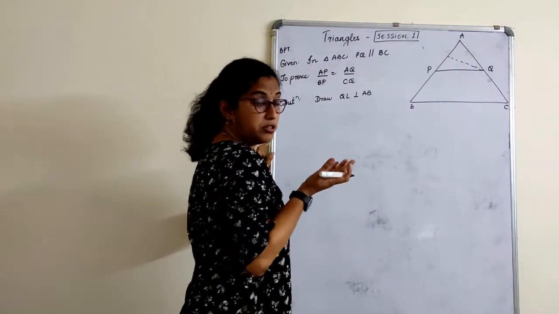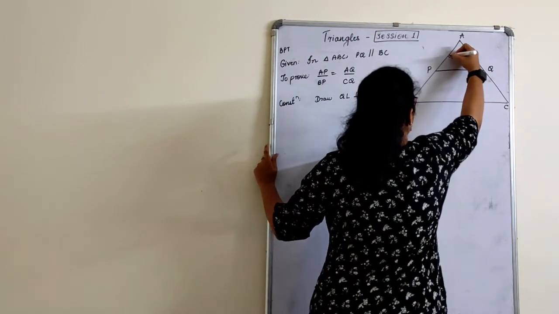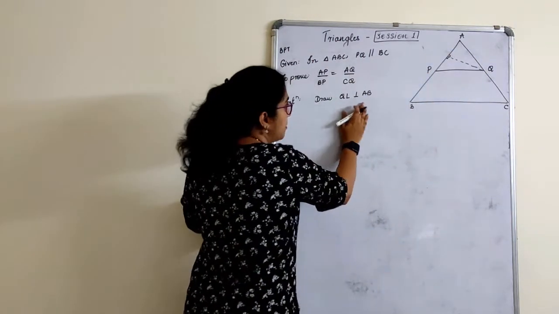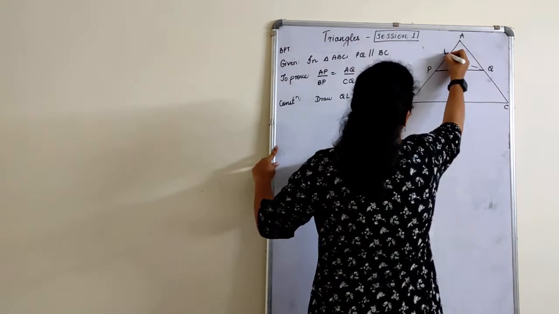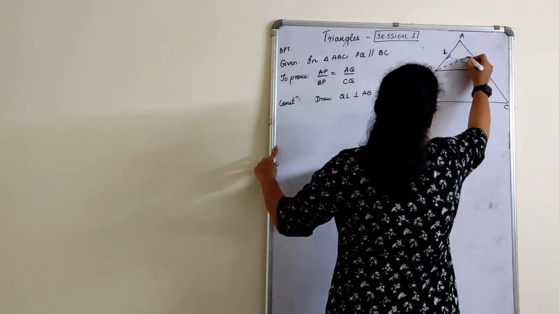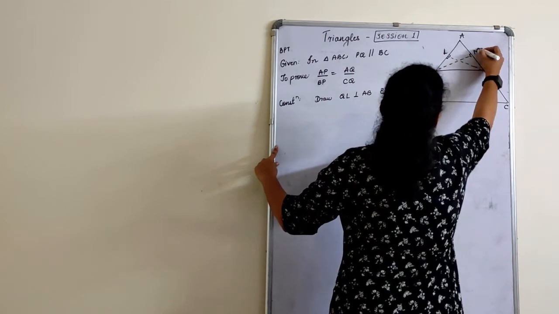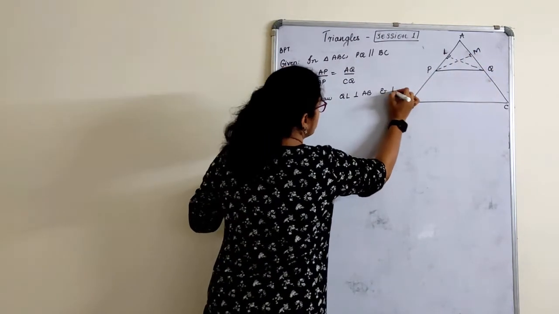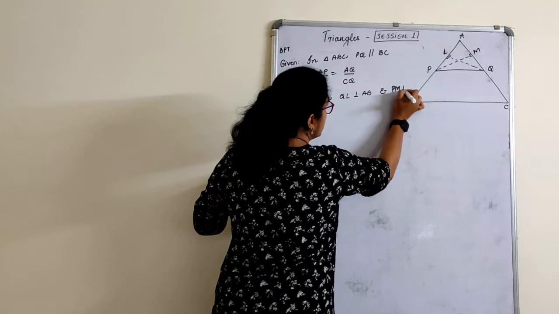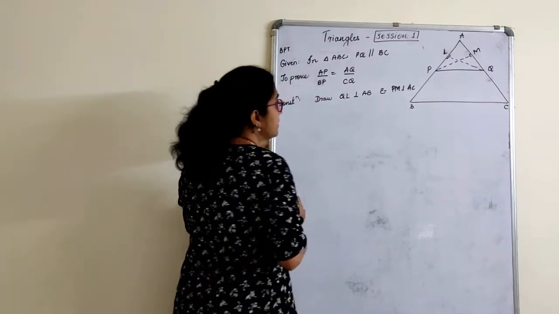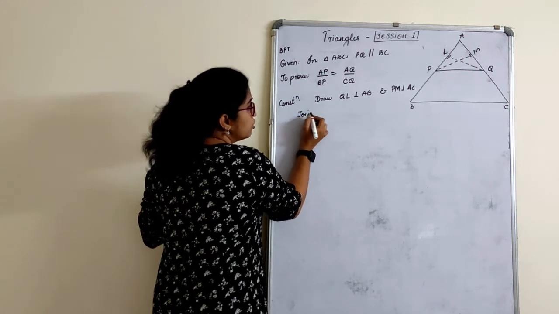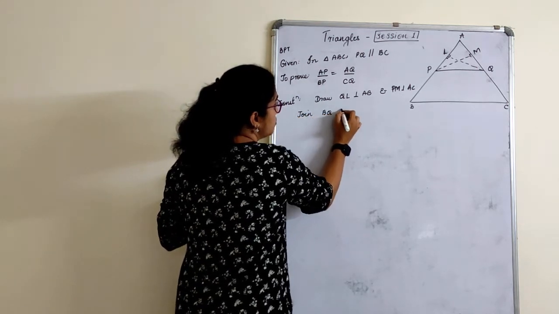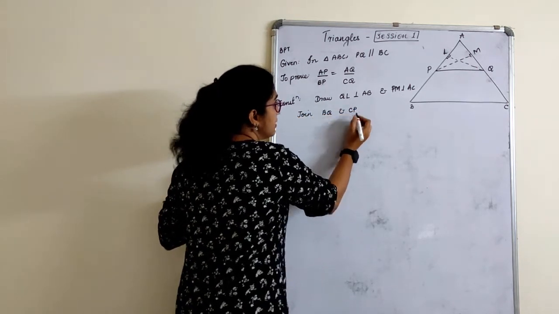If I draw it, both are understood to be the whole. Draw QL perpendicular to AB and PM perpendicular to AC. Right? Then what we have to do also is join BQ and CP.